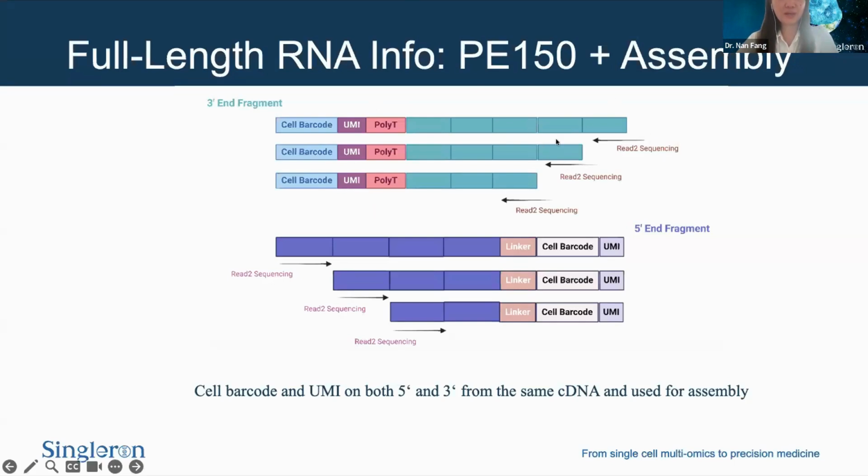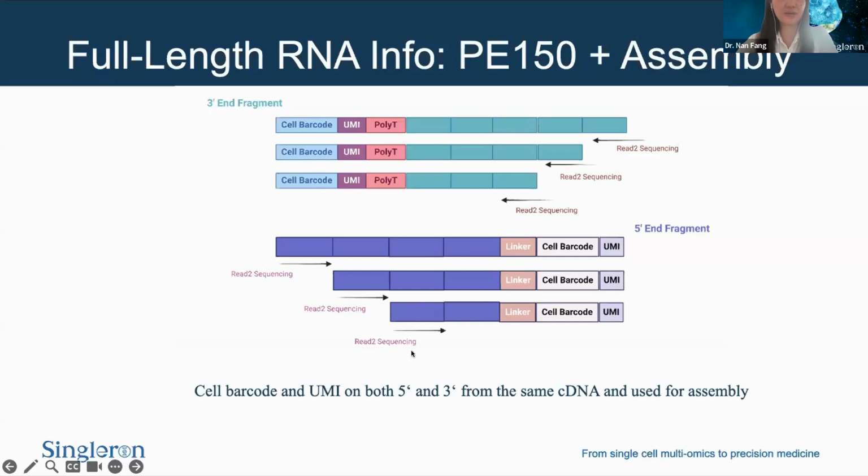But for the 3' fragments, we get all the reads that are close to the 3' end of the mRNA. And in another part, the 5' library, we have the reads or sequences closer to the 5' end of the mRNA.